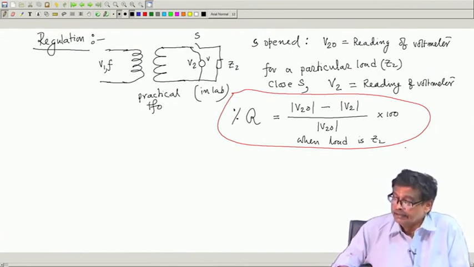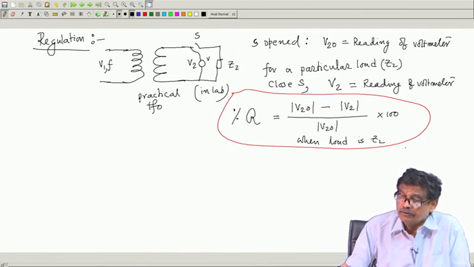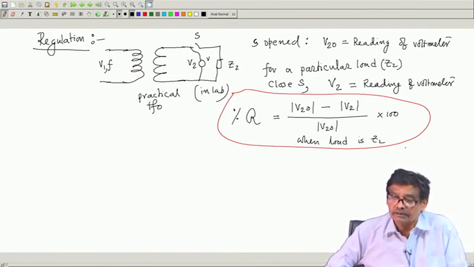We will see that. So, for a given load you can calculate regulation of the transformer.